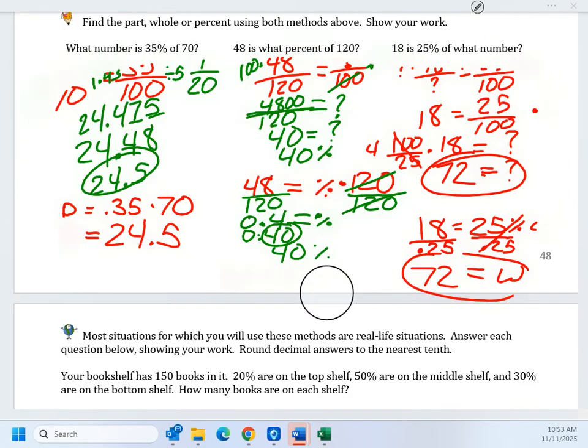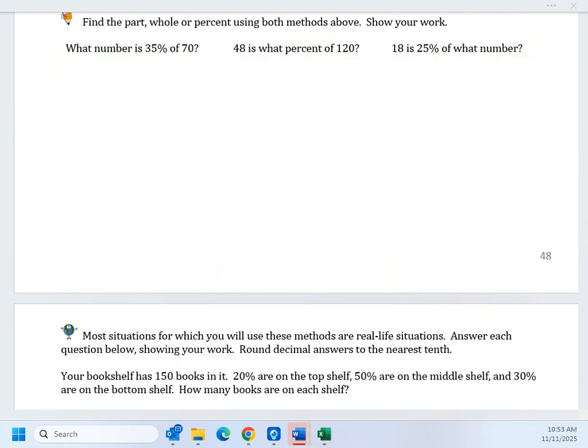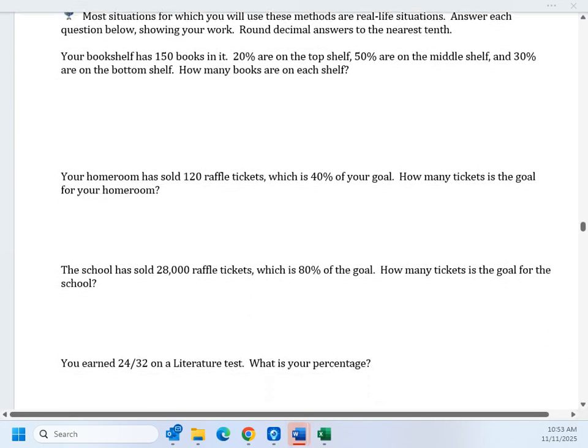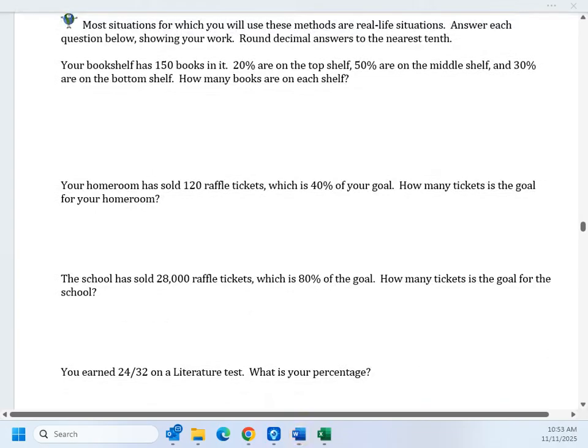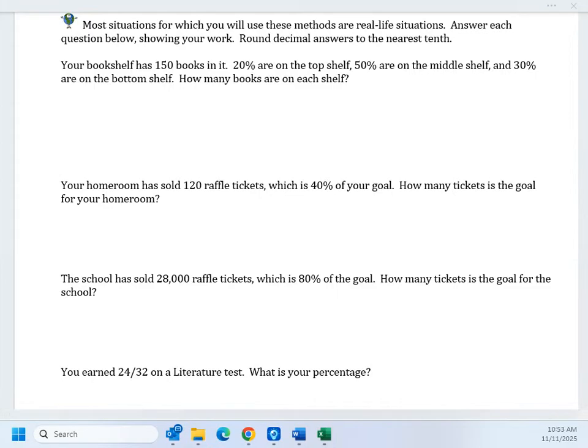Our second page, let's look at what our work is for today. Most situations for which you will use these methods are real-life situations. Answer each question below showing your work. Round decimals to the nearest tenth.